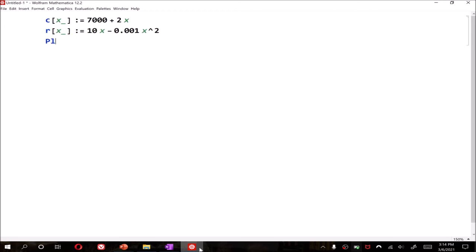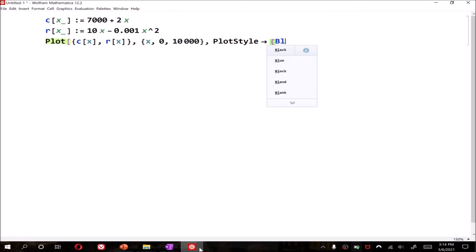All right, now we can go ahead and plot it. So we want c of x and r of x on the same axis. Now we know the domain was 0 to 10,000 for x. Let's go ahead and define colors. So we'll make the cost function blue. And, you know what? Let's change that.